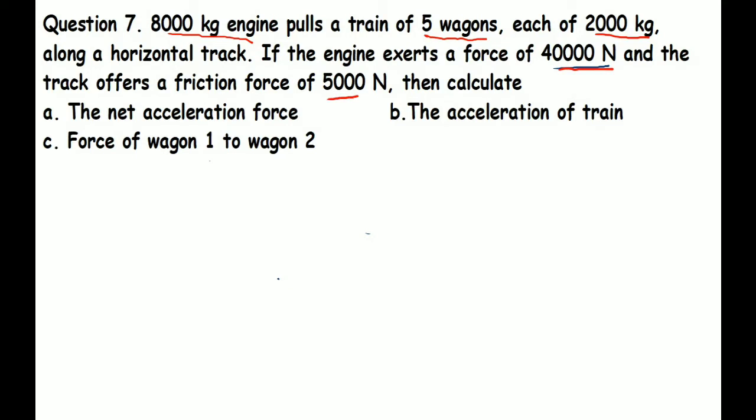We need to calculate, number 1, the net accelerating force, that is capital F. And the acceleration of the train, that is small a, and the force of wagon 1 on wagon 2, that is F of 1 on 2. So we can represent it like this.